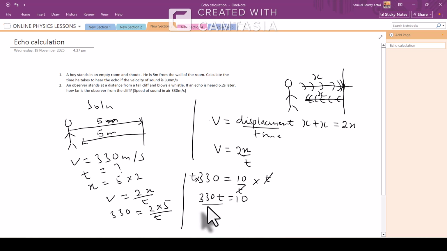So we have 330 t here. We divide here by 330, and we divide here by 330 as well. And therefore, our t is equal to 0.03 seconds. So I'll leave you to finish up with the second question.